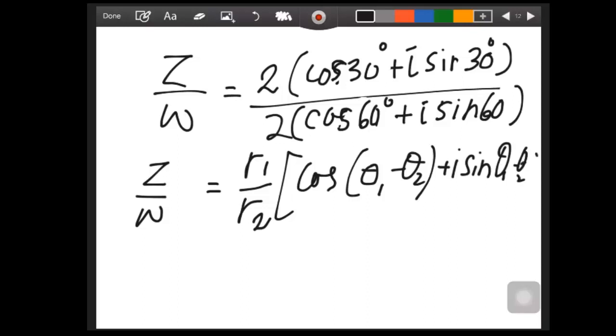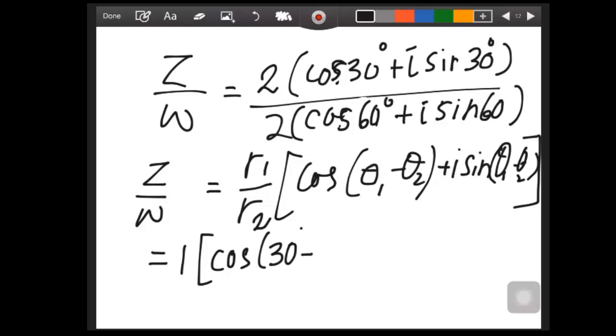Okay, so ini boleh tengok balik dalam video yang untuk division rule lah. So kita ada 2 bagi 2, 1 lah. And then kita ada cos 30, sebab yang Z tu 30, and then minus 60.